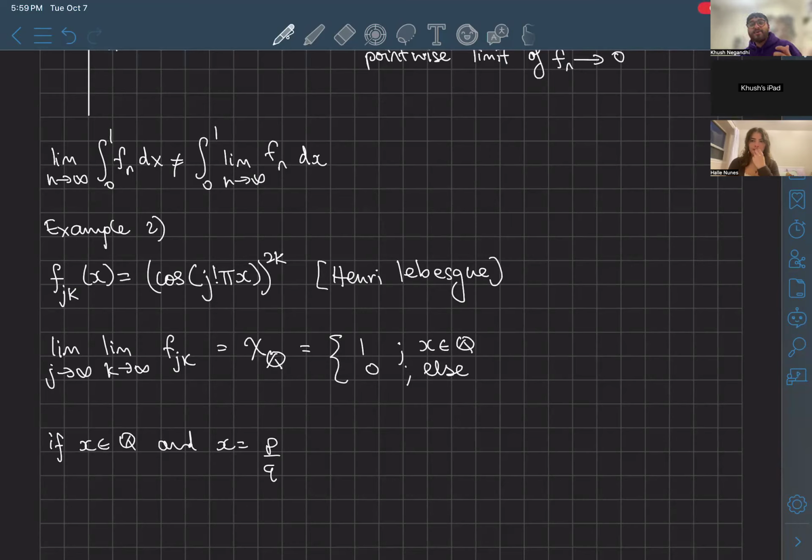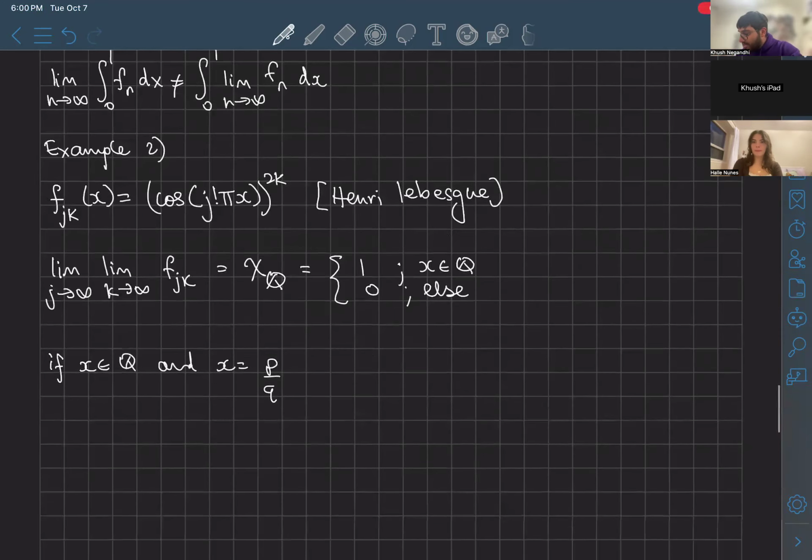So this means it's a number that's just less than 1. But if you take a number that's just less than 1 and then you take powers of it that keep increasing and go to infinity, this goes to 0. Okay. So if it's an irrational number, it converges to 0. If it's a rational number, it converges to 1. But here's the interesting thing. This function is not Riemann integrable.